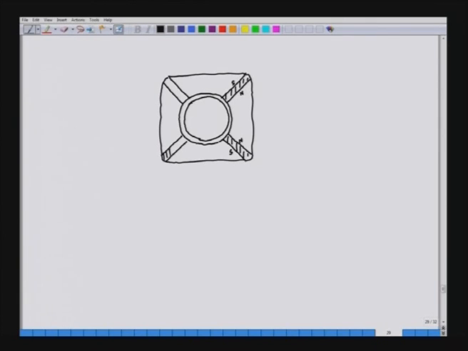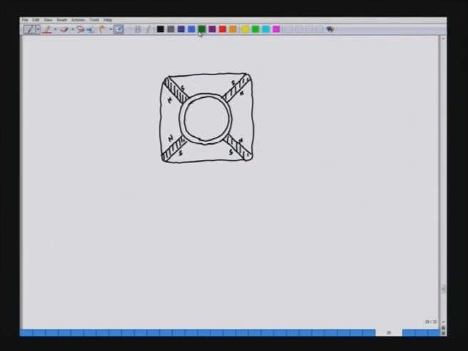Again, we have a magnet here, a south pole here, and then a north pole here. We have another magnet in this case, a thin magnet, north pole and south pole. As a result, we have 4 magnets which will result in 4 poles, 2 north poles and 2 south poles.